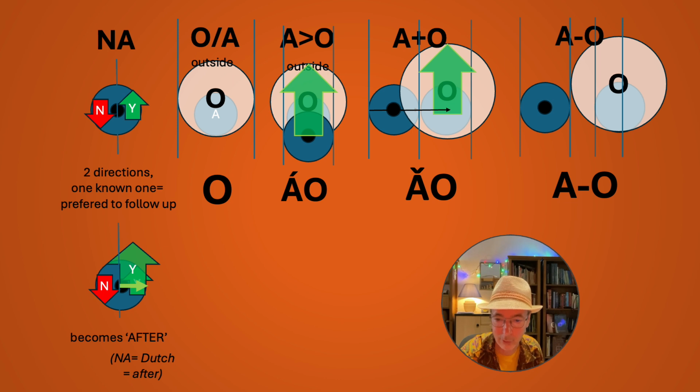Na is a Dutch word which means after. You follow the results of what you understand, even though the negative thing is still there. But you follow the results of what you understand, and that's the way you follow the after, how you go after something, how you follow up something, and so on. That's the way to do it.